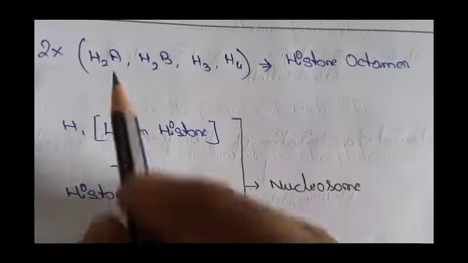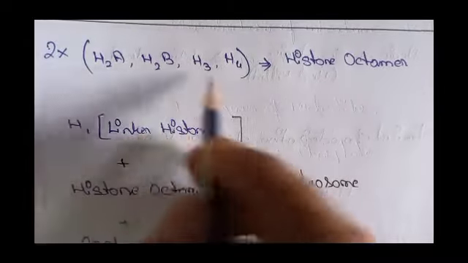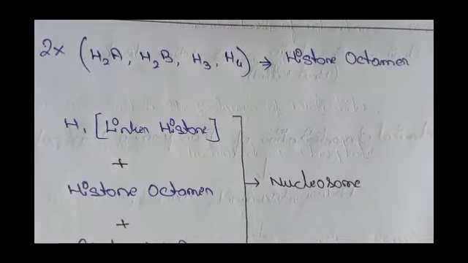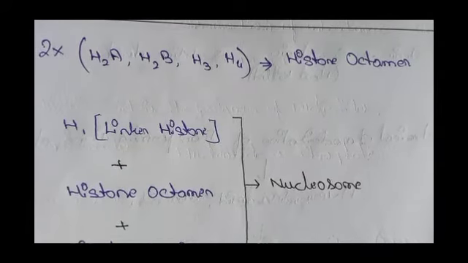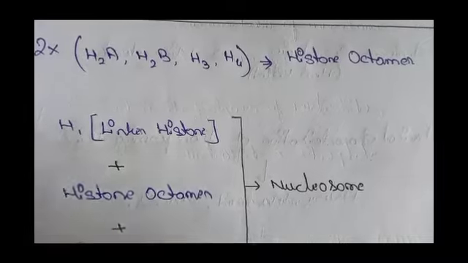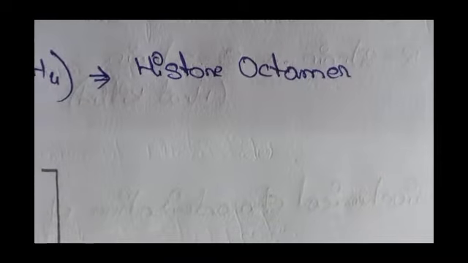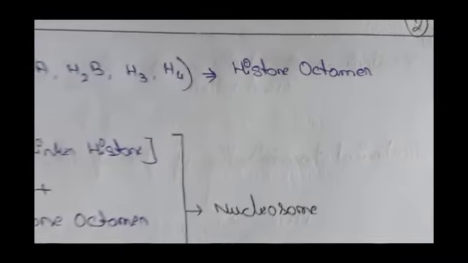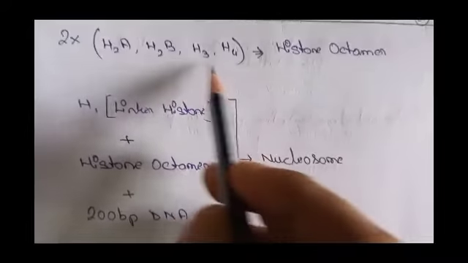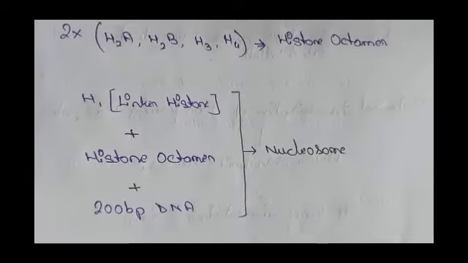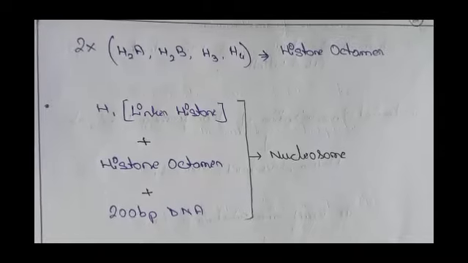So when these 4 become 2, in a 3D cube shape, we call it a histone octamer, meaning octa, 8 histone proteins, produced from the 4 histone proteins. Okay, so how do we get from DNA to chromosome?